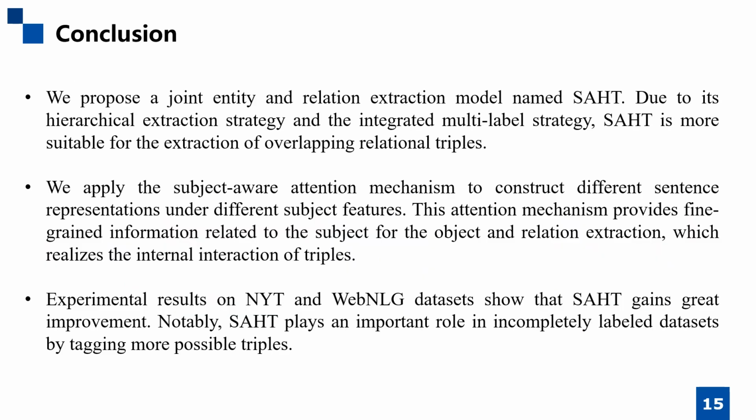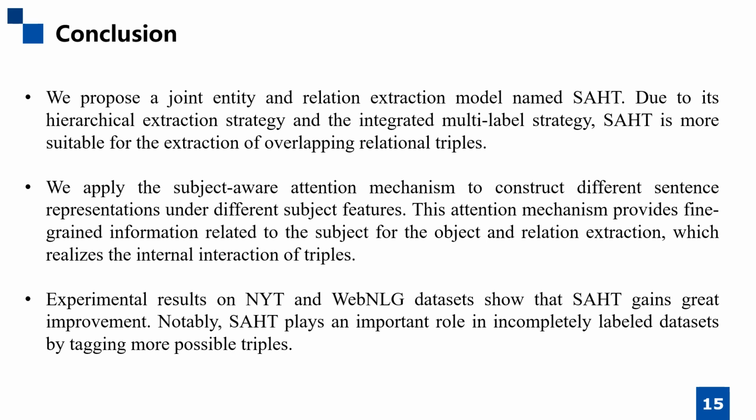In summary, we propose a joint entity and relation extraction model named SAHT. Due to its hierarchical extraction strategy and the multi-label strategy, our model is more suitable for the extraction of overlapping relational triples. And we apply the subject-aware attention mechanism to construct different sentence representations under different subject features.